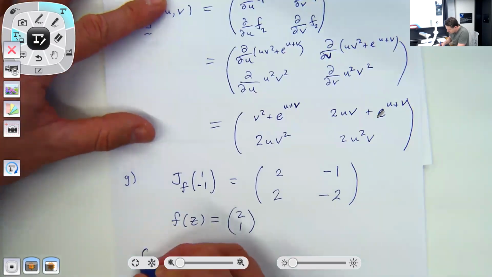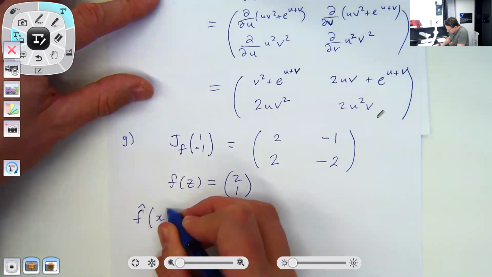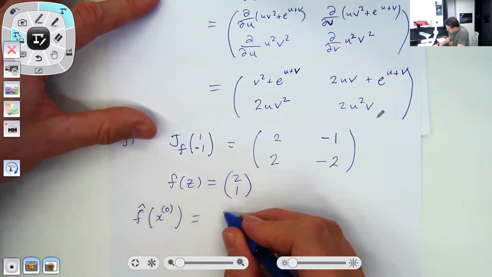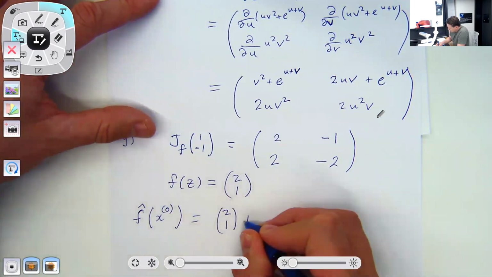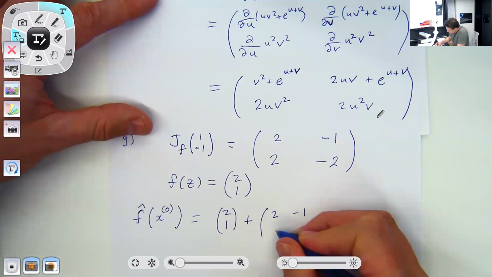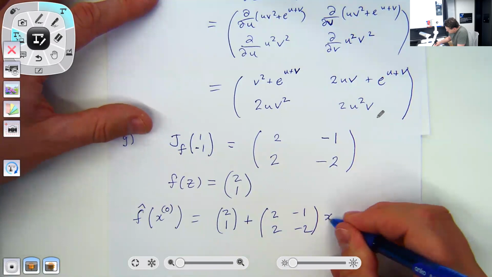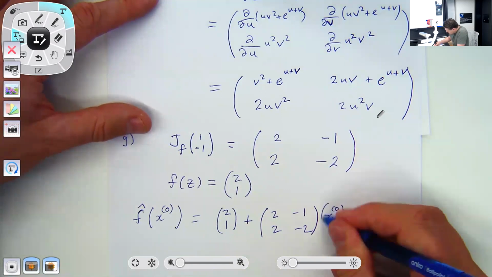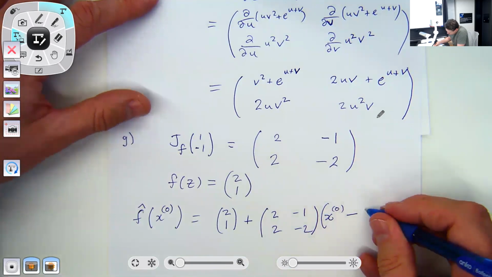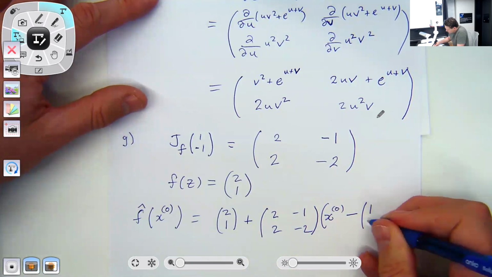So f hat of x superscript 0 is equal to f of z, which is 2, 1, plus our Jacobian matrix, 2 minus 1, 2 minus 2, and then we had x superscript 0 minus z, but that is 1 minus 1.